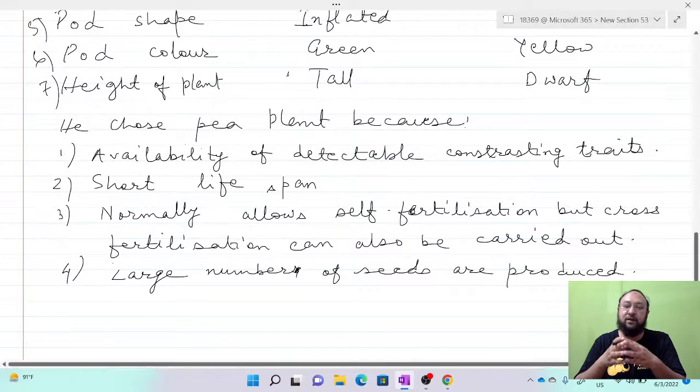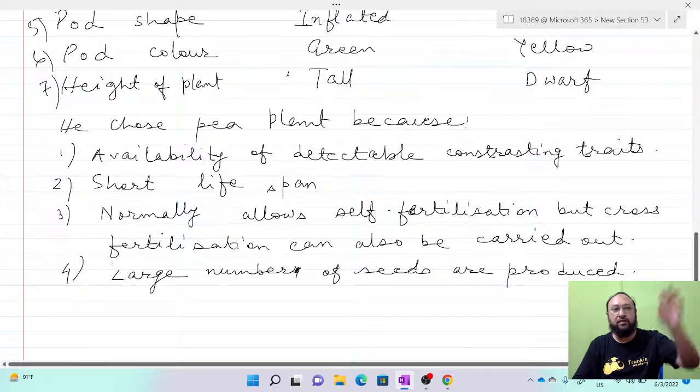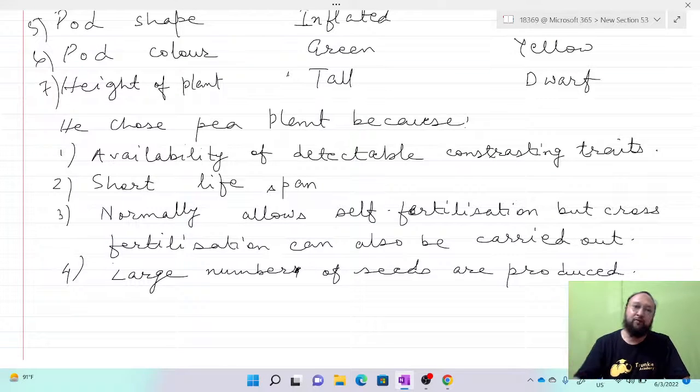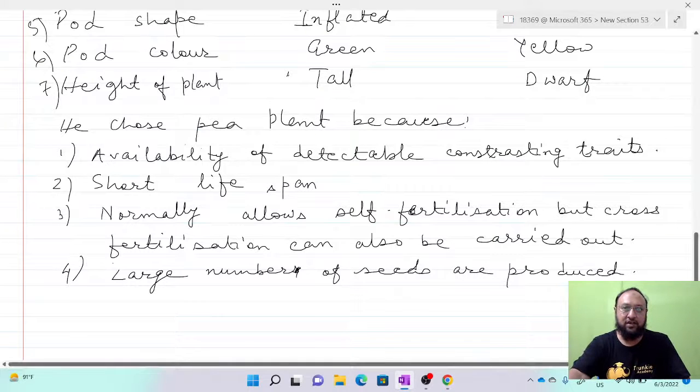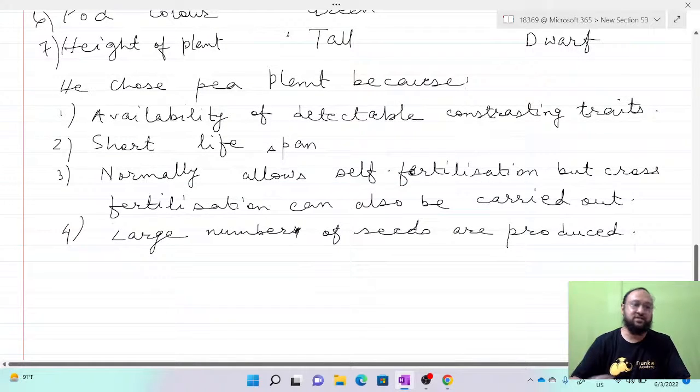Self-fertilization ensures this is a true tall plant and this is a true dwarf plant, so getting a pure breeding line is easy. Cross-fertilization can be done to observe variations. And a large number of seeds are produced, so it is easy to grow the next breeding or next generation.